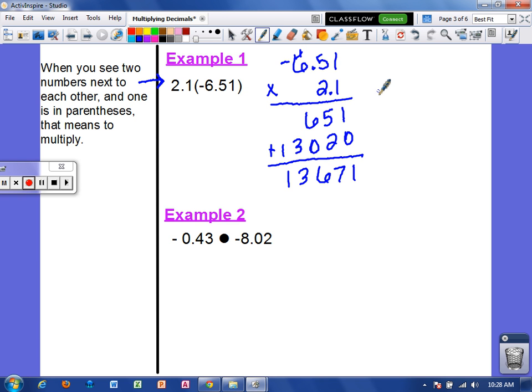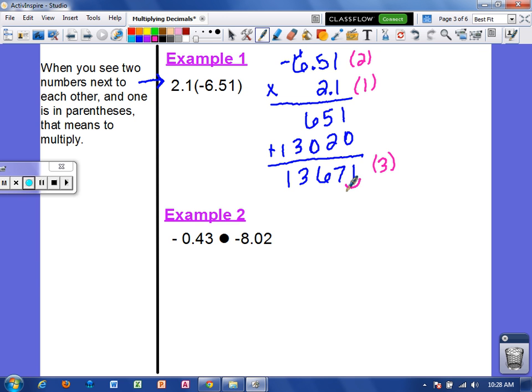Now, I need to figure out how many decimal places should be in my answer. So 6.51 has 2 decimal places, and 2.1 has 1 decimal place. So that gives us a total of 3 decimal places. I'm going to start on the right, and that means I want to hop 3 places to the left.